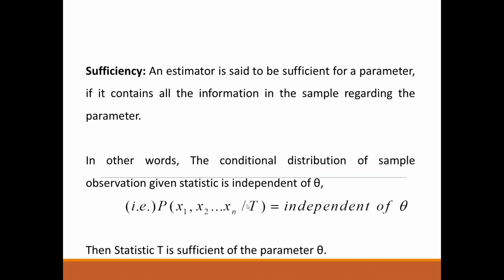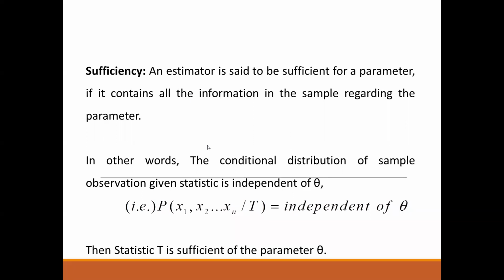The last property of the criteria of a good estimator is sufficiency. An estimator is said to be sufficient for a parameter if it contains all the information in the sample regarding the parameter, which means that the estimator you are considering should have all the information regarding the parameter theta.